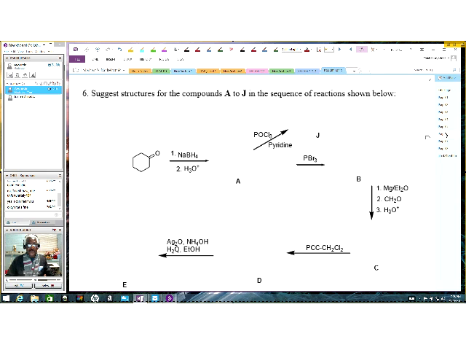Now, what you have here is a series of reactions in which we are testing your knowledge of the reagents and reactions.